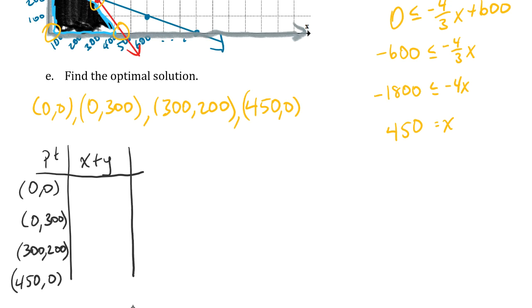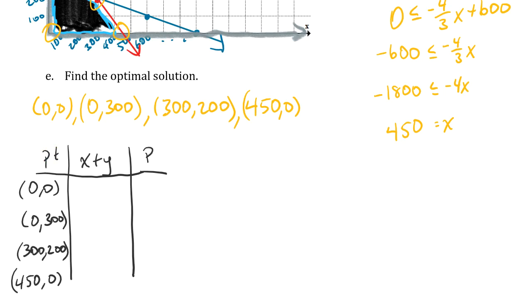X plus y is what we're actually doing, and that's going to give us our P. All right. And by the way, just in case I didn't say this in the last video, whenever I put PT right here, it just means point. That's it. I'm just abbreviating point.